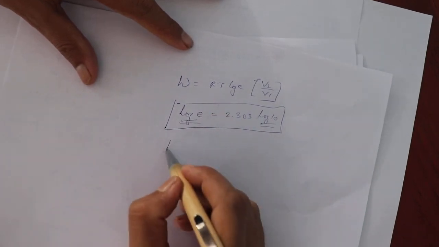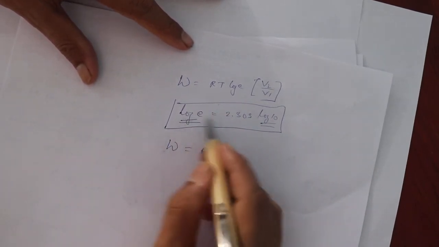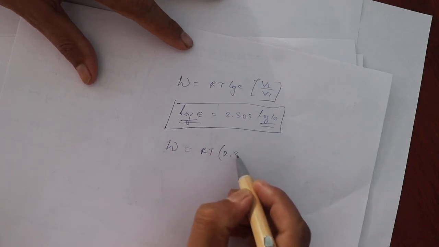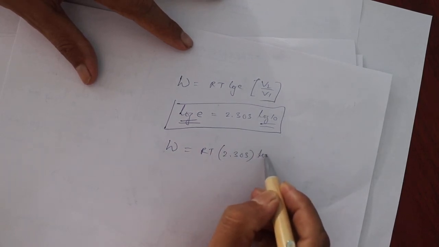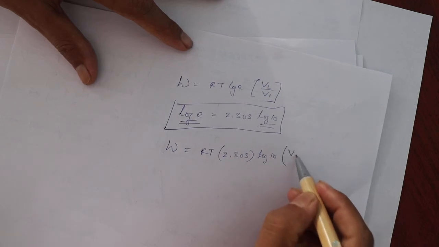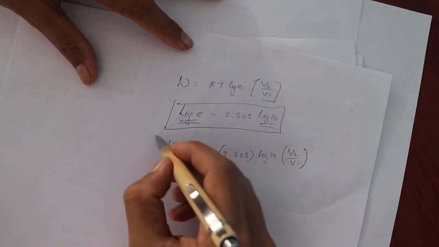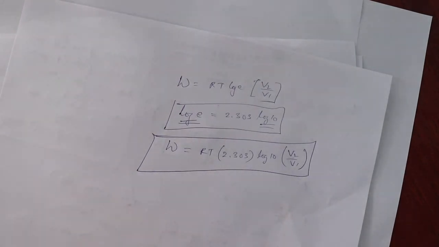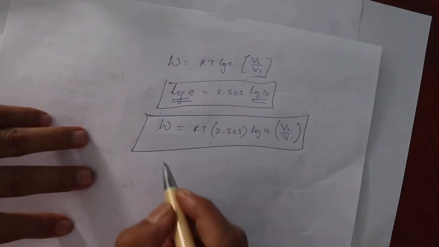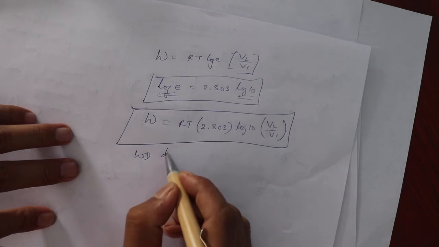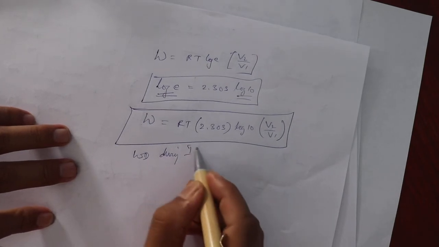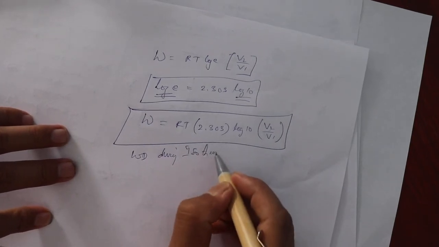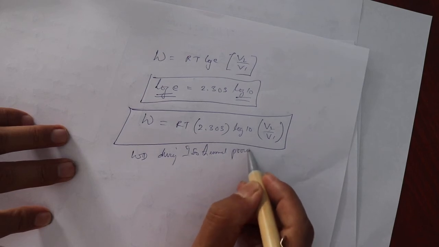So you can put the work done as RT, instead of this log E, 2.303 log of 10 V2 by V1. So this is the final equation that represents work done during isothermal process.